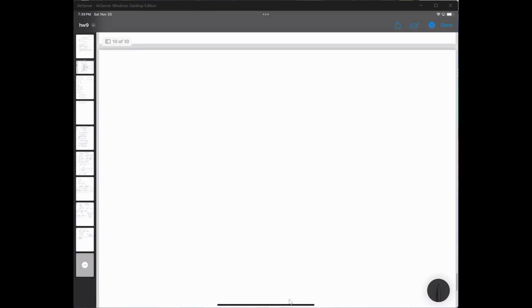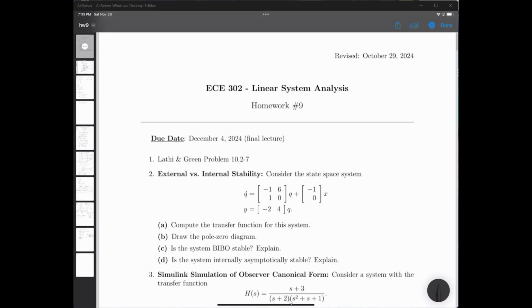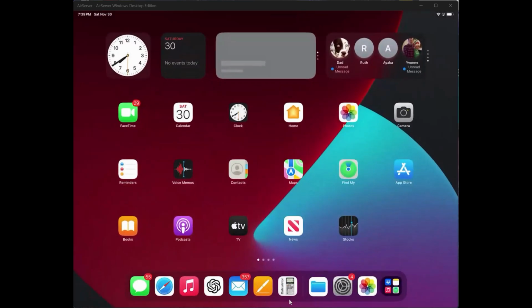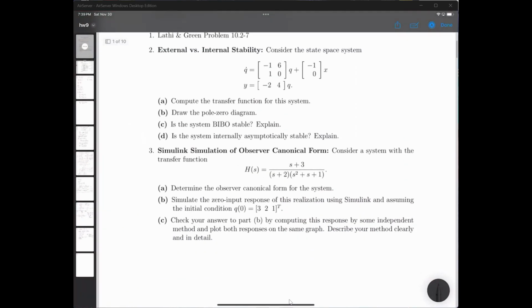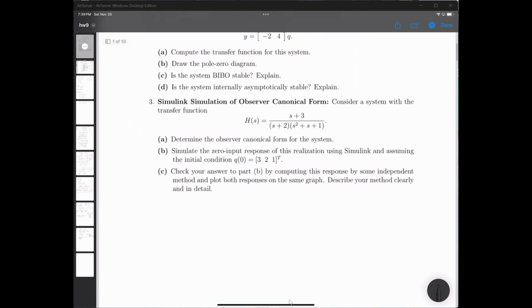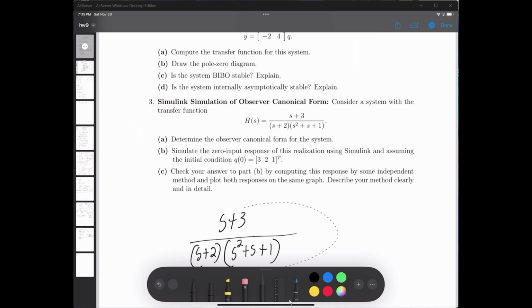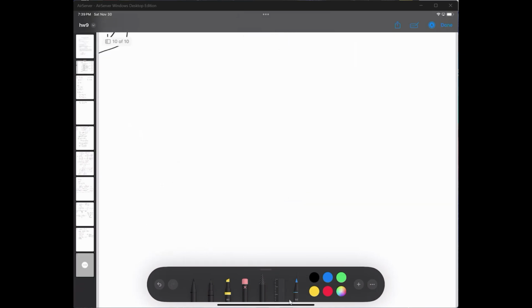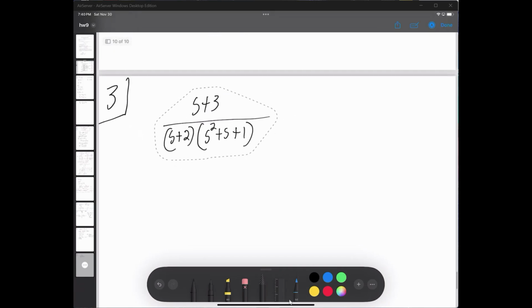Now for question 3, right? Question 3. Simulink question. Consider a system with the transfer function (s plus 3) over (s plus 2)... So we have said transfer function.